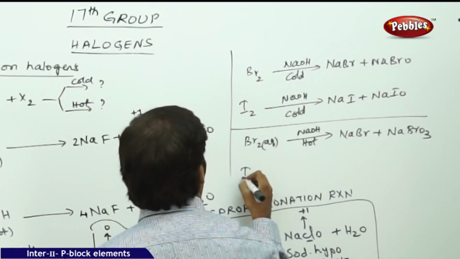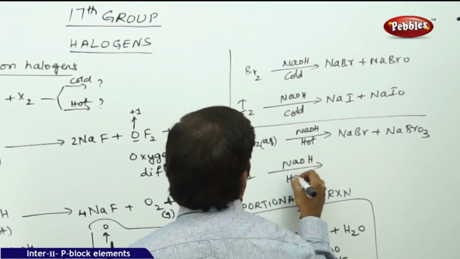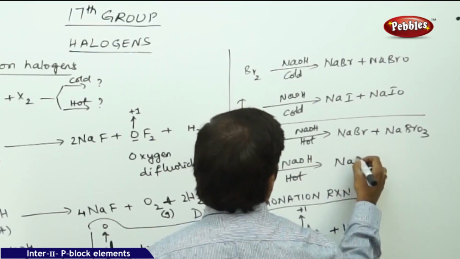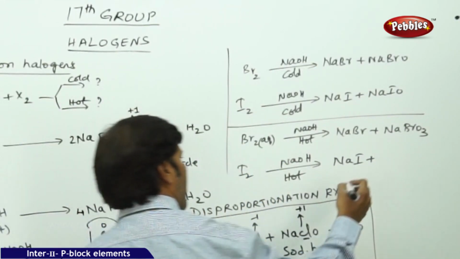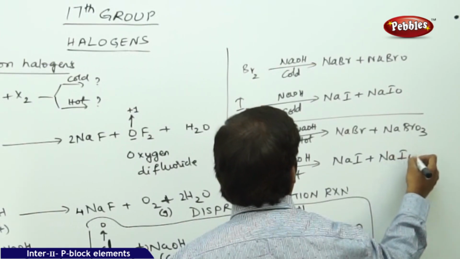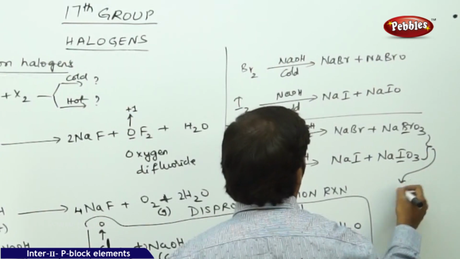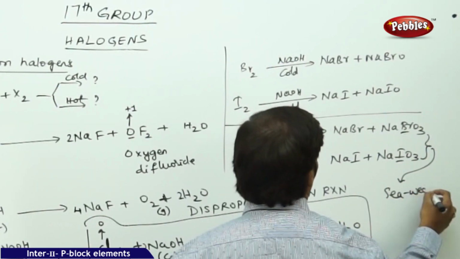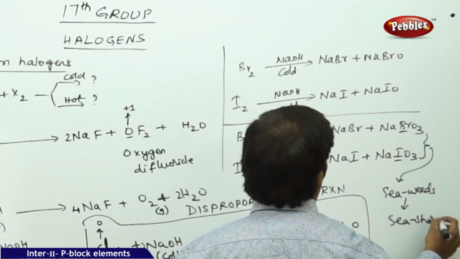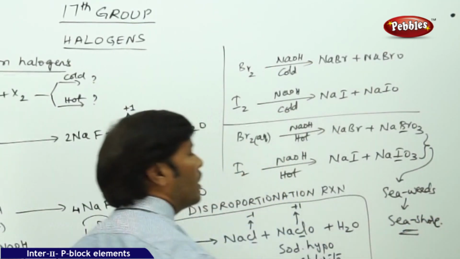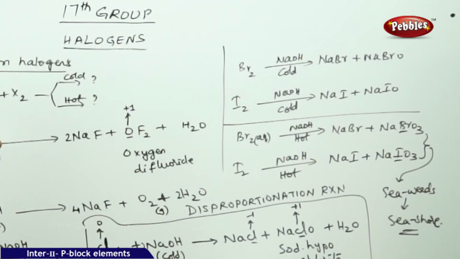Here also if you take iodine with hot NaOH, you get NaI plus sodium iodate, NaIO3. Actually these NaBrO3 and NaIO3 are called seaweeds, which are obtained near the seashore. That's why halogens are called salt producing minerals, and that's why the group name is halogens.